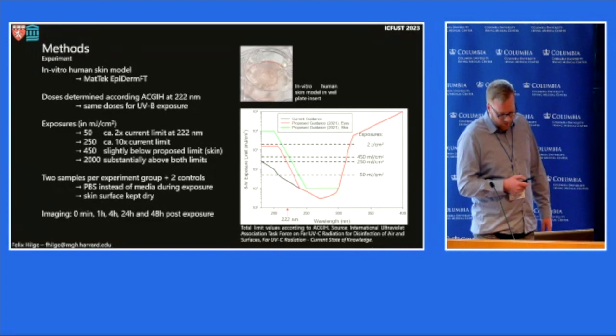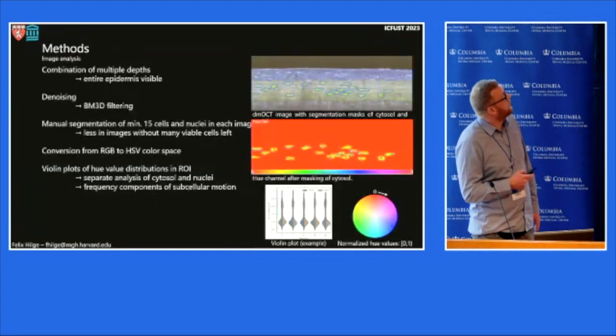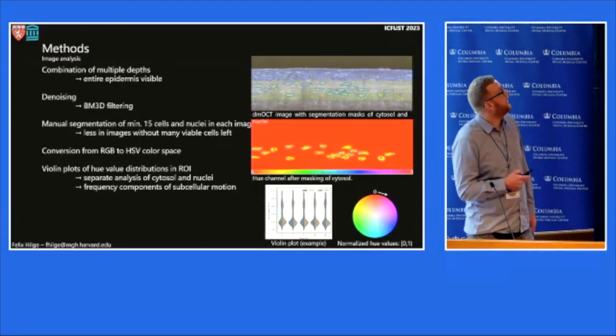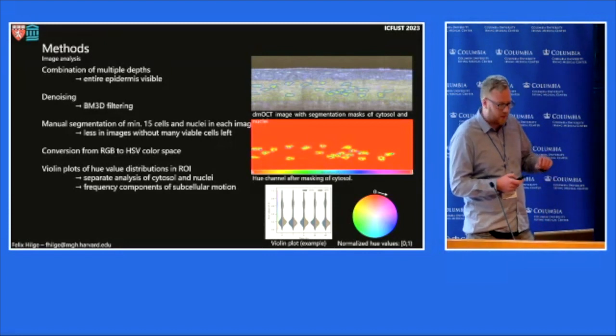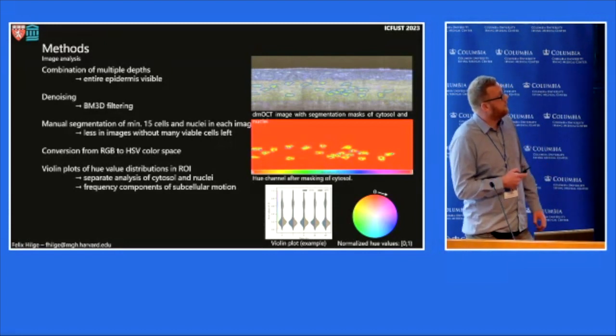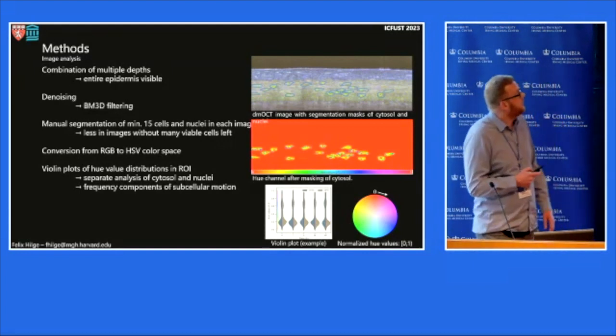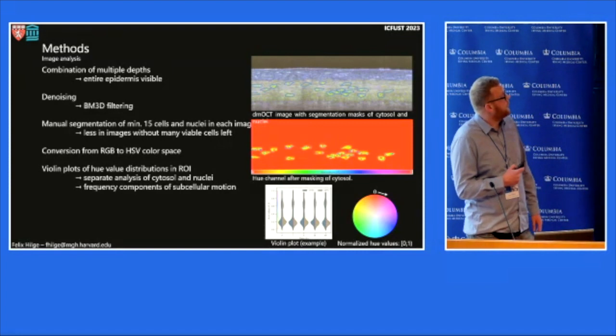After combining images of multiple depths into one image where everything is in focus, and denoising, I manually segmented at least 15 cells on the nuclei in each image. Then the images were converted from the RGB color space into the HSV color space.